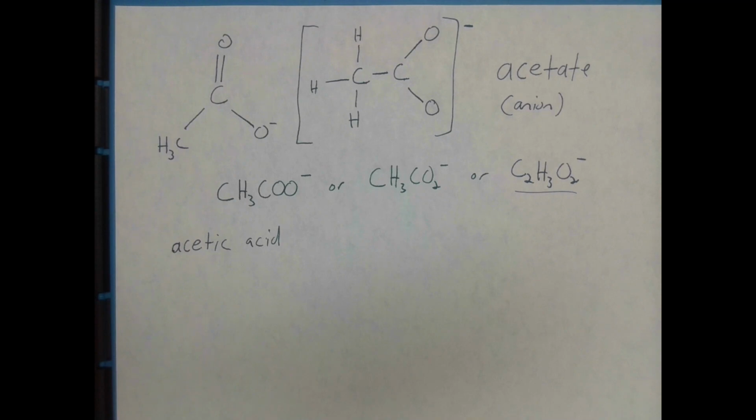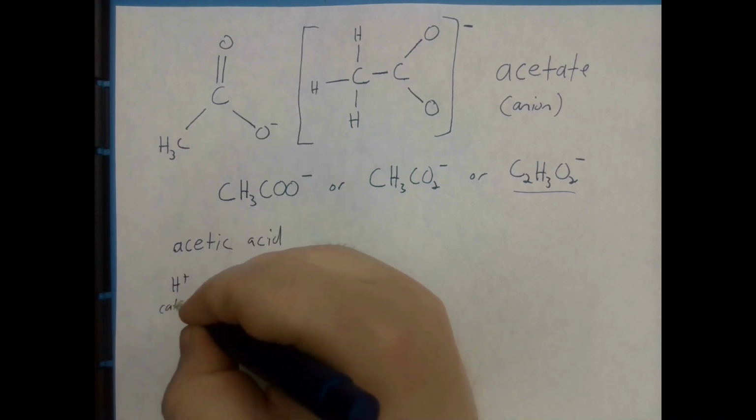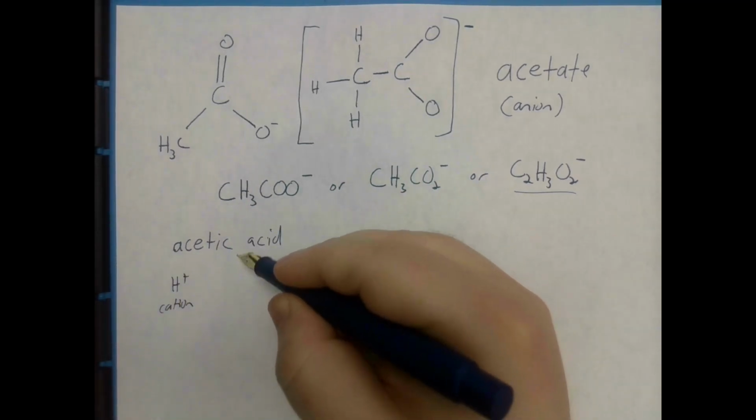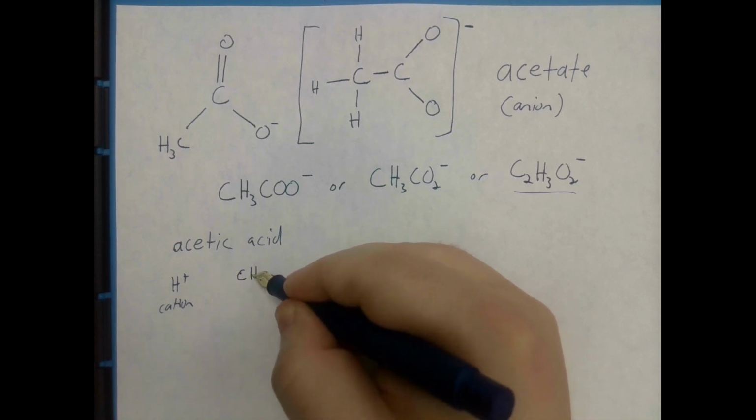What does it mean to be an acid? H plus, so we're adding a hydrogen cation. So it's an H plus cation with acetate anion.